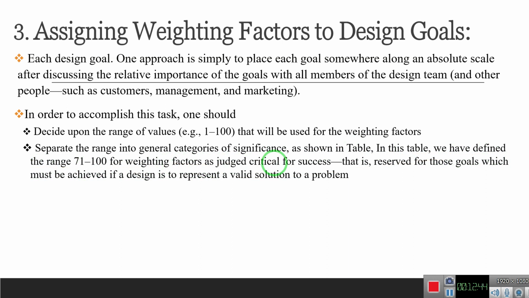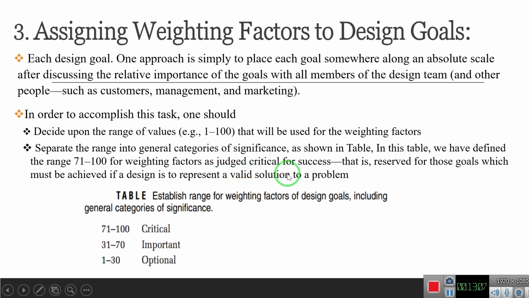If the weighting factor is more than 70, those goals are very, very important and you will get more benefits. That range is reserved for those goals which must be achieved if a design is to represent a valid solution to the problem.